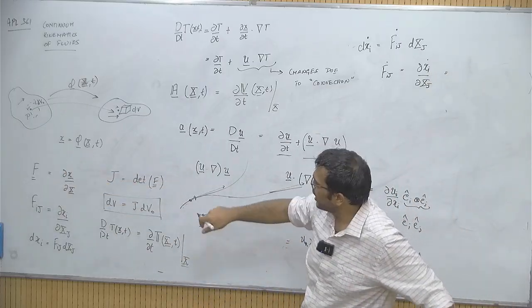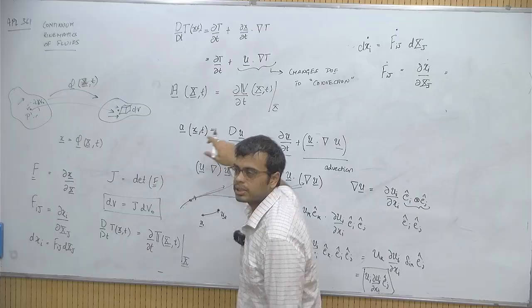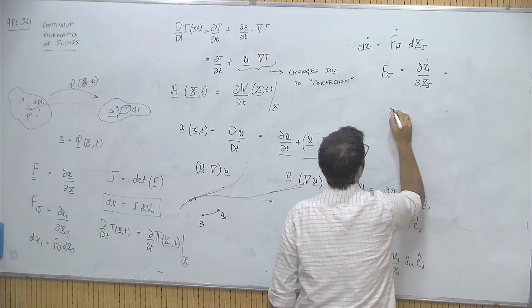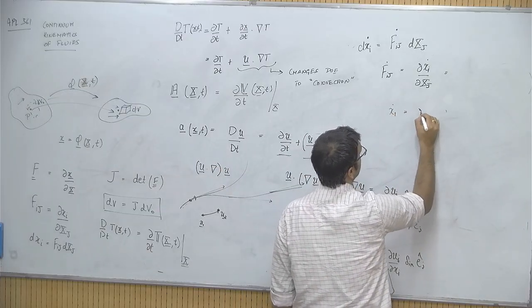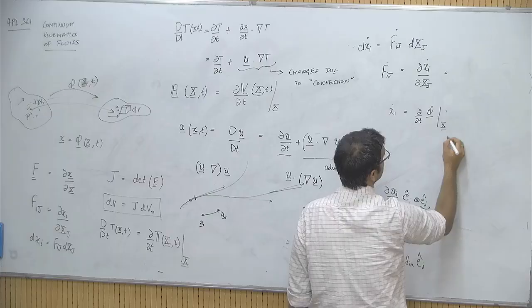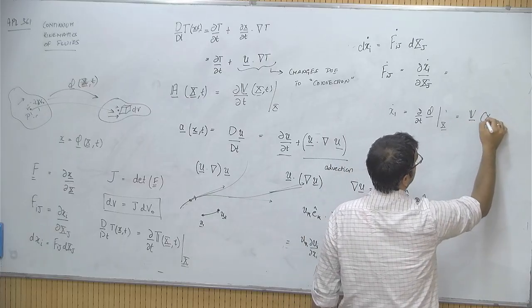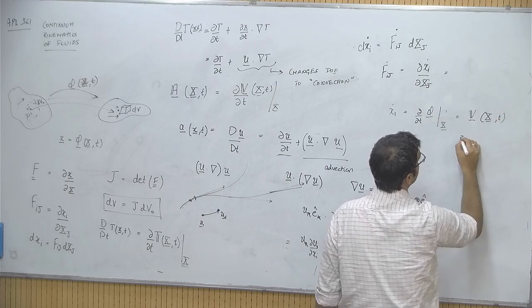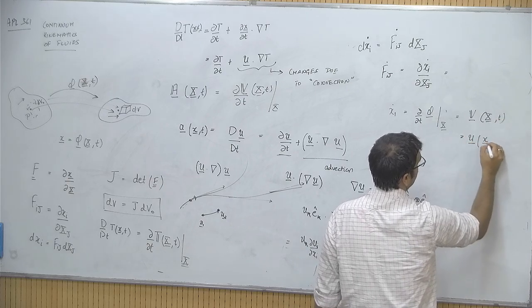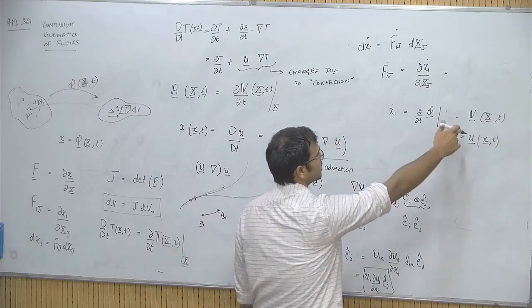Time derivative of a spatial coordinate, what is that going to give us? Velocity. So xi dot is basically del del t of phi keeping capital X constant, which is our velocity in the Lagrangian field terms and equal to u in the spatial field terms. So you can either write it like this or this.